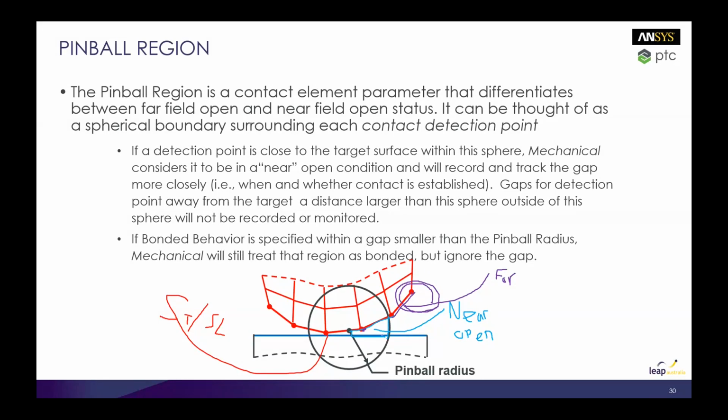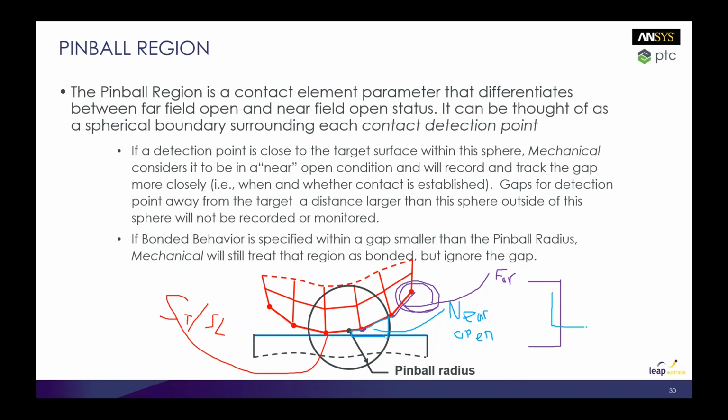Okay, so for a bonded contact, essentially anything that's inside the pinball and there's a gap will transfer load. This is important when you've got small artificial gaps in your model, but it's also important if you've got interference.